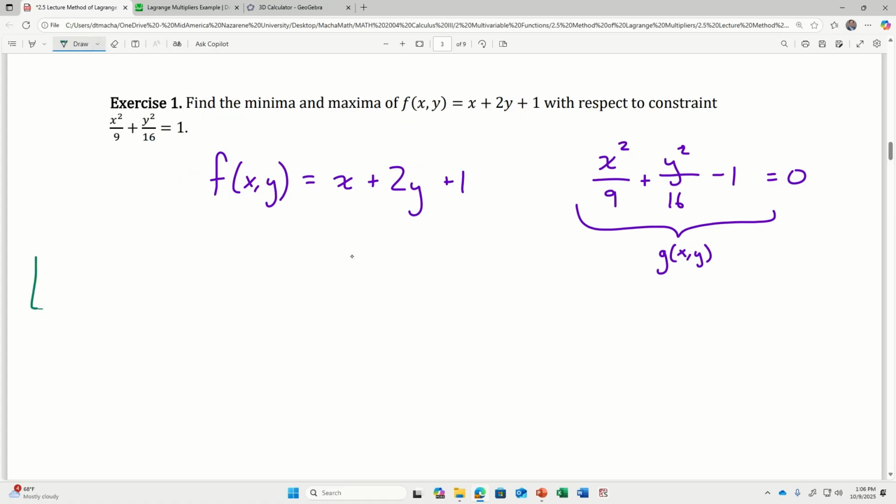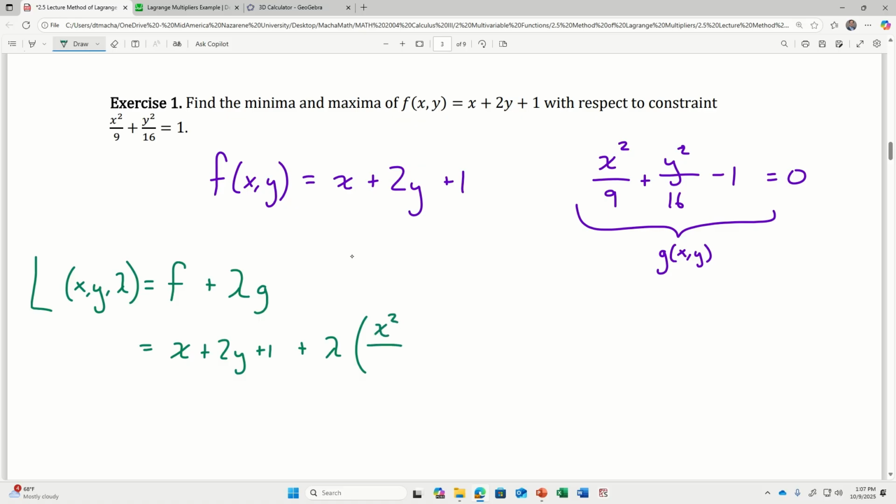So when I go to write the Lagrange function, which is a function of x and y and lambda, this is going to be f plus lambda g, which is going to be x plus 2y plus 1 plus lambda times x squared over 9 plus y squared over 16 minus 1.